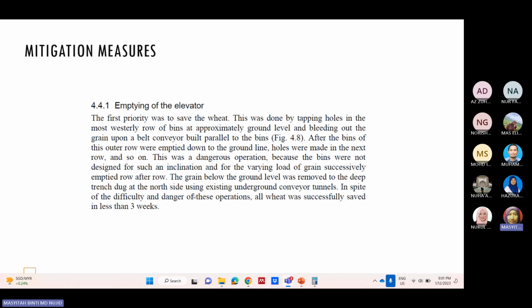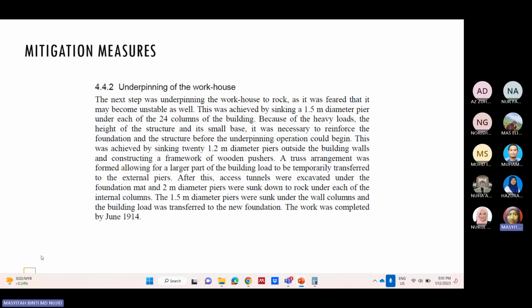The grain below ground level was removed to a deep trench dug at the north side using existing underground conveyor tunnels. In spite of the difficulty and danger of this operation, all was successfully saved in less than 3 weeks. This is what they did to overcome the worsening bearing capacity failure, by emptying the safe section.